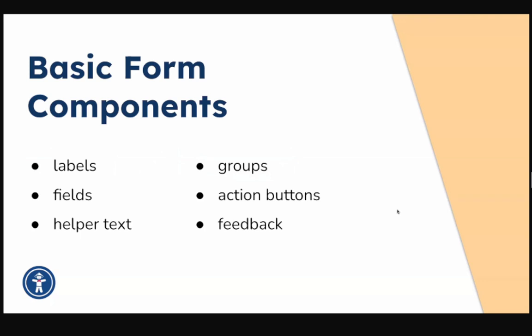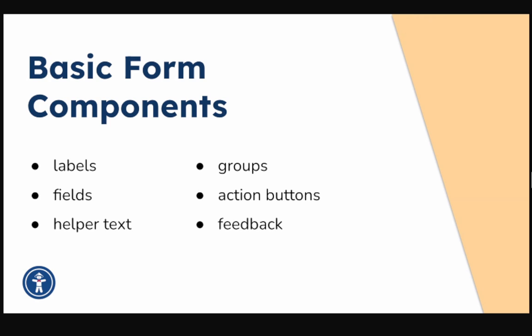Okay. So before that, I'm just going to enumerate quickly the basic form components. So we have labels. These are the text that tells you what to fill out in this specific field, and then the fields, of course, are the empty fields where you can type or select the items that are being asked in the form.